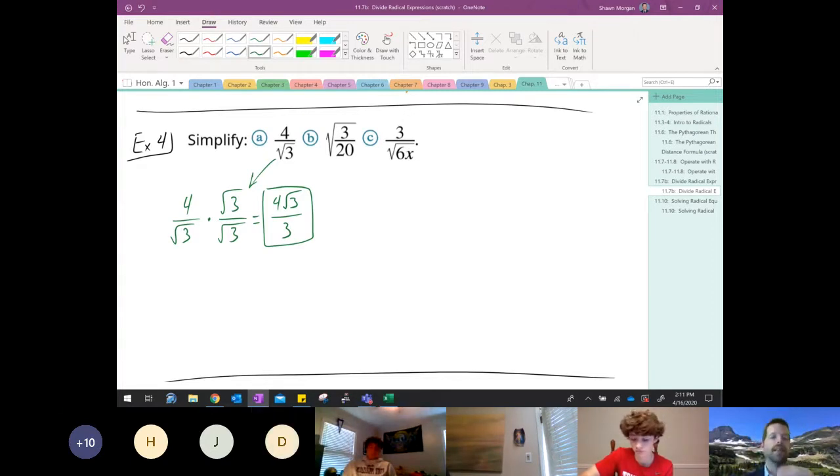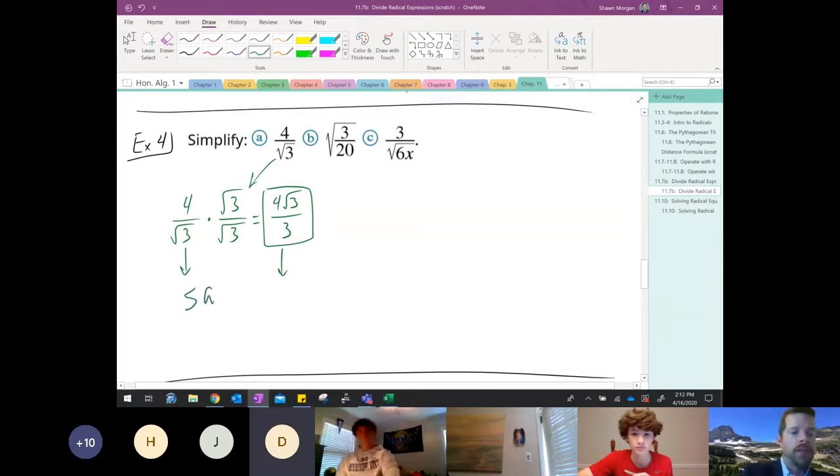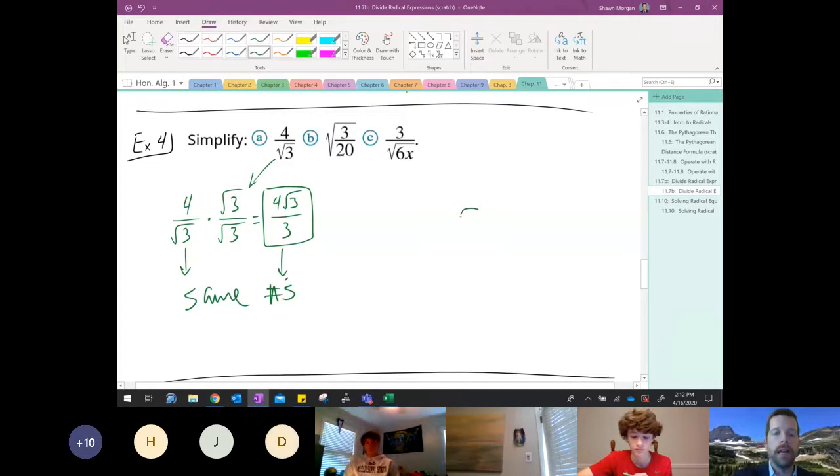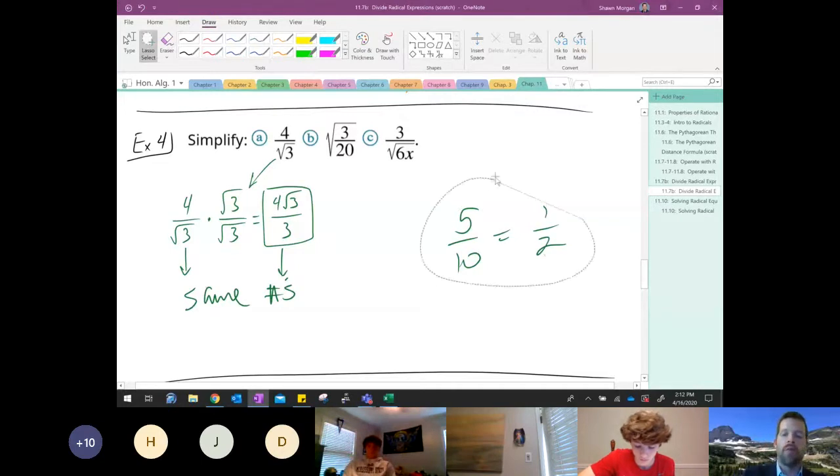Not necessarily to take something out of an inappropriate form. Logistically, there's nothing different about these two numbers. They're the same numbers. That's like saying 5/10 is the same thing as 1/2. It's just that one of them is more acceptable as a form of writing your answer.